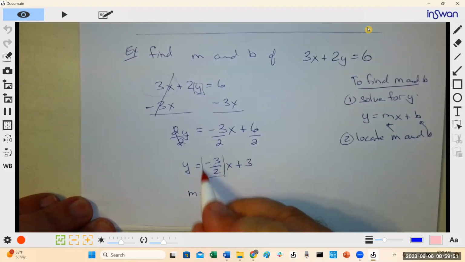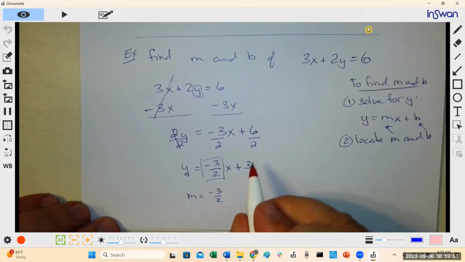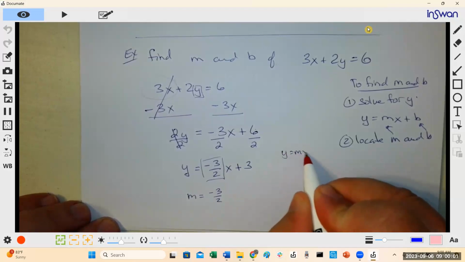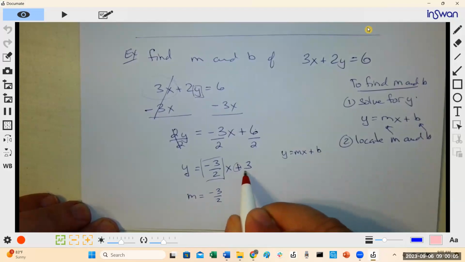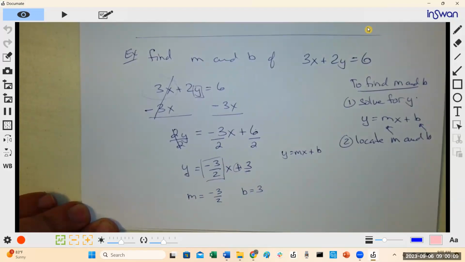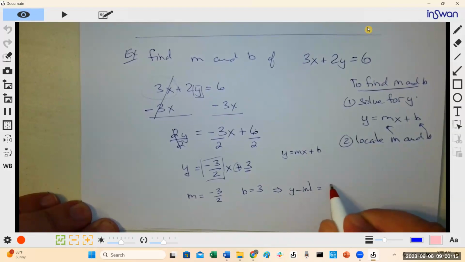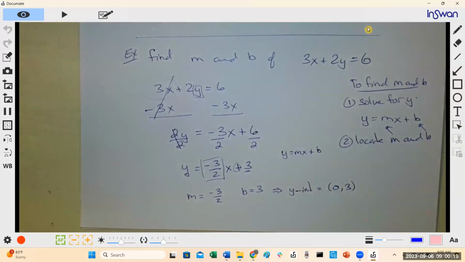Your slope is negative 3 over 2. The y-intercept, since this is, remember, supposed to be y equals mx plus b. Since there's a plus, that means the b is 3. That means the y-intercept is 0, 3. The location of that intercept is at 0, 3.